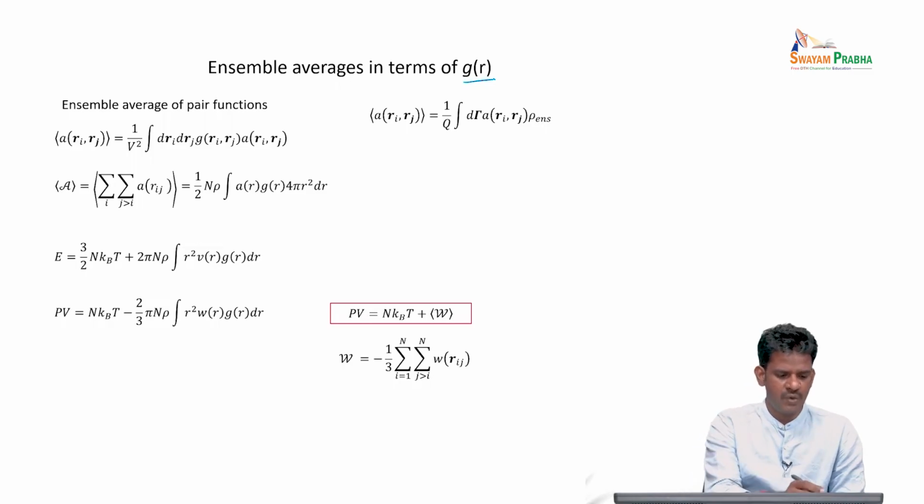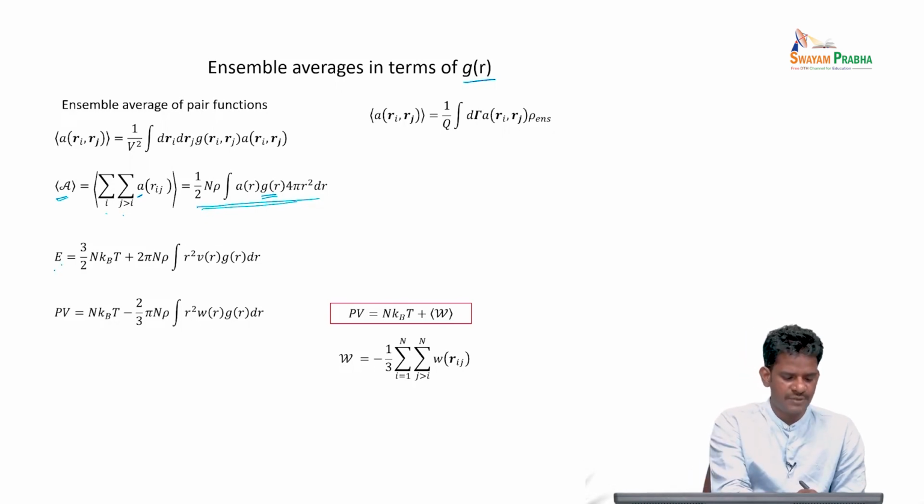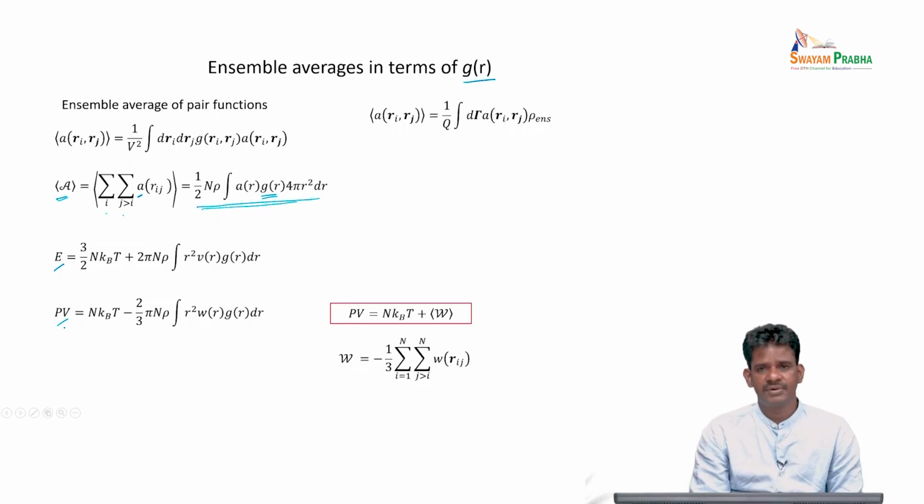For example, if you have any quantity A which is written as a sum over pairs, where some pair function is calculated, this can be expressed as an integral of the radial distribution function, and we have shown the expressions for energy and pressure accordingly. Now we are going to make use of these expressions and add tail correction to the system.